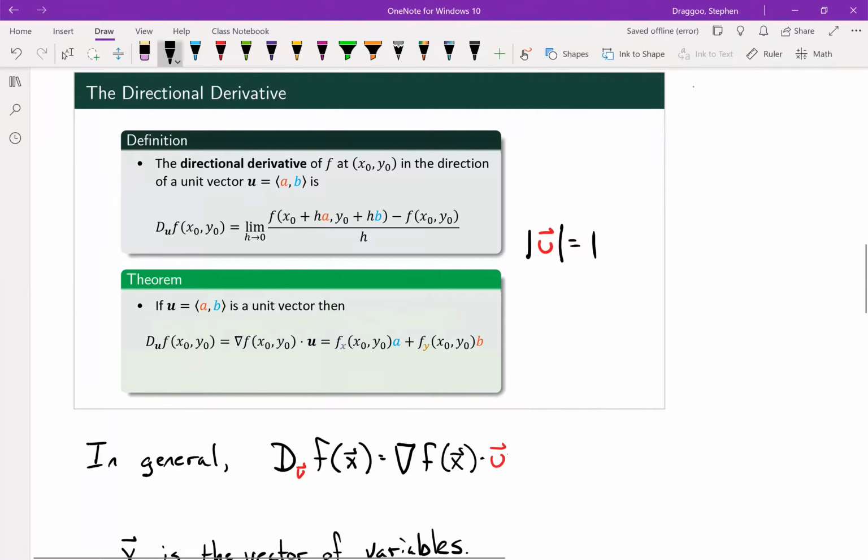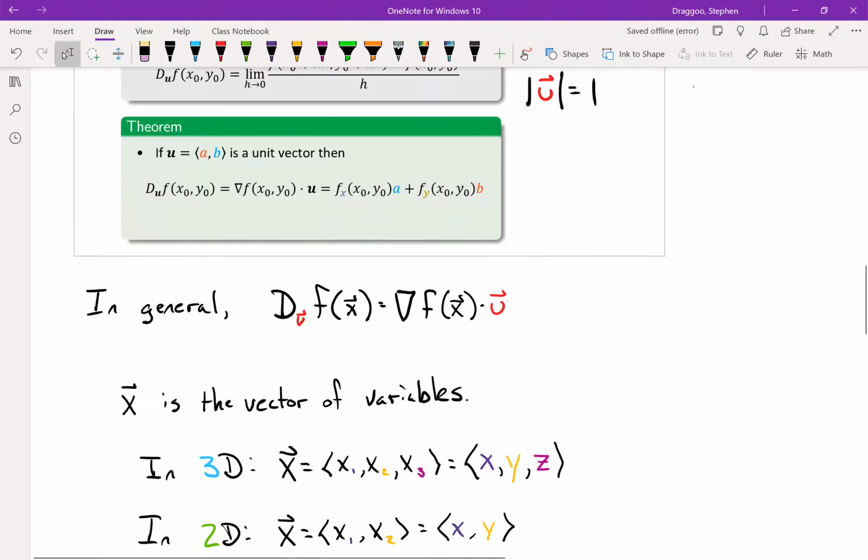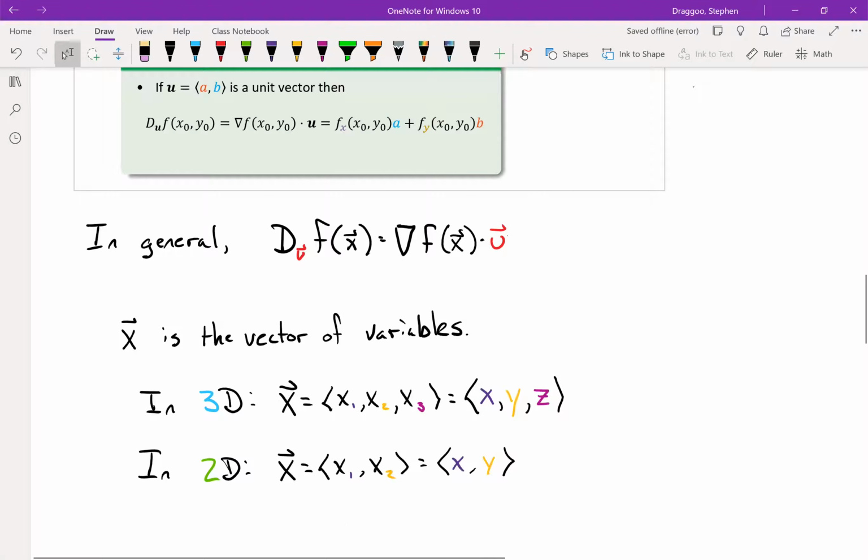So in general, the directional derivative is equal to the gradient dotted with the u vector, where we're introducing a somewhat new notation here, the vector x. This doesn't just mean the x component of the vector. When we call the vector x, that'll be the vector of variables.